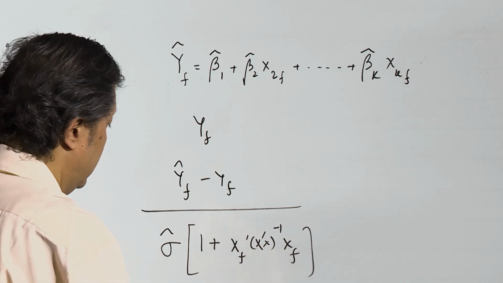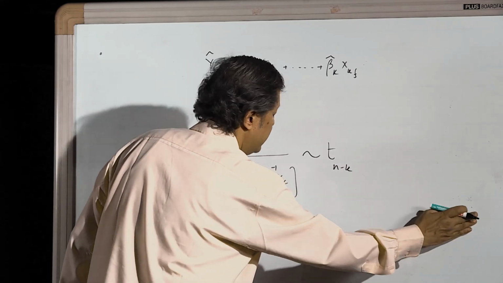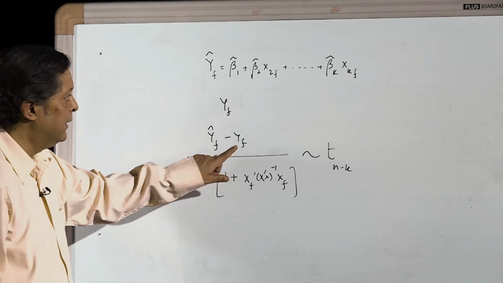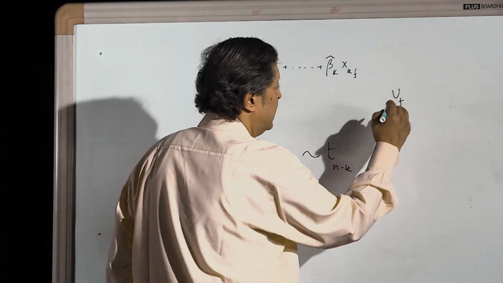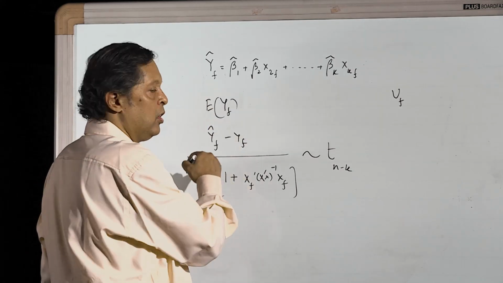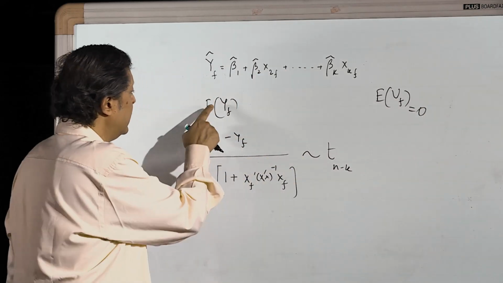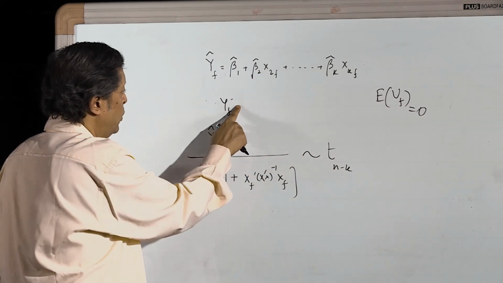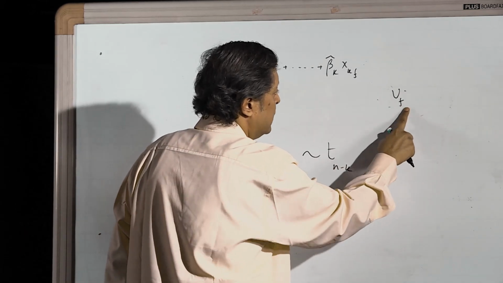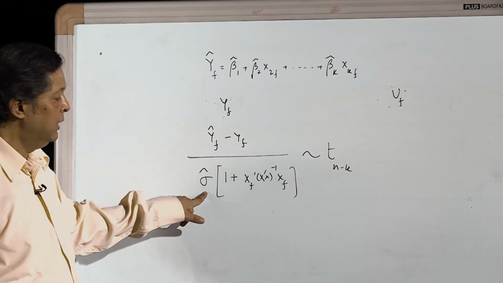That now follows a t distribution with n minus k degrees of freedom. The reason this happens is that when you want yf, the uf term does not vanish. Earlier we concentrated on the expectation of yf, so the expectation of uf had become equal to 0. Now that we want yf to be predicted, this is no longer equal to 0. It has a variance sigma square, and that is being estimated by sigma square hat.